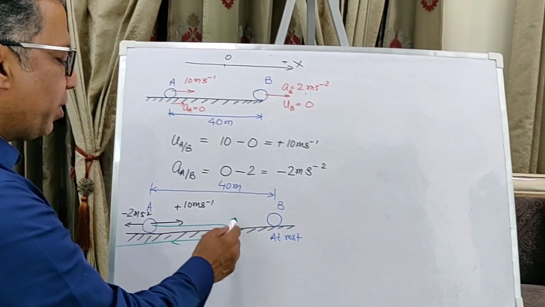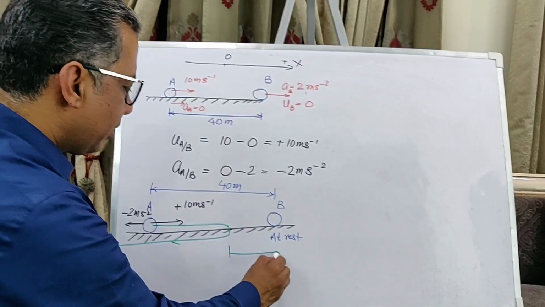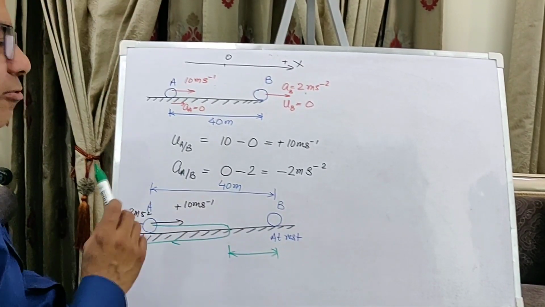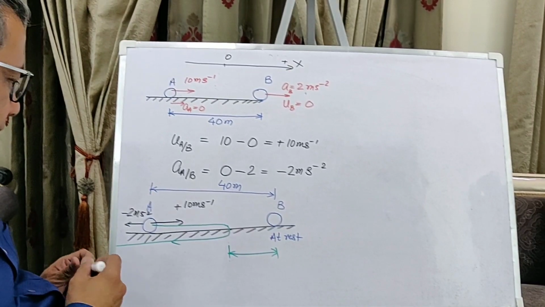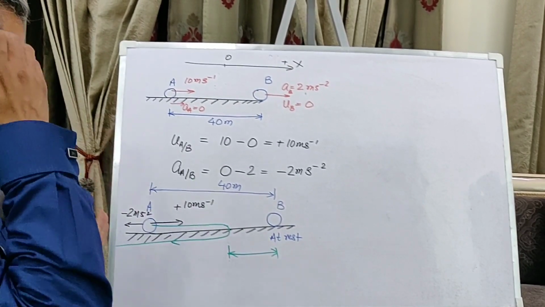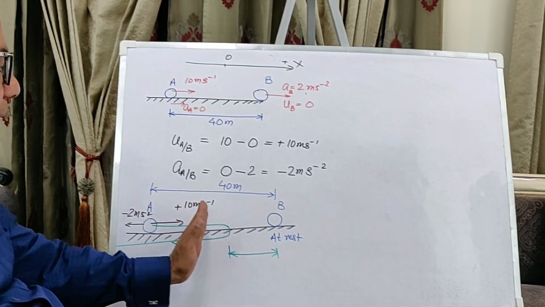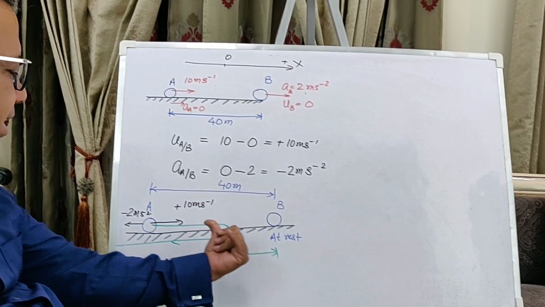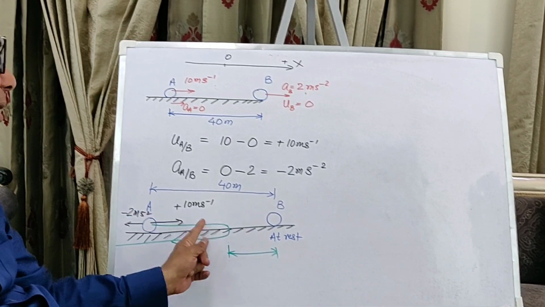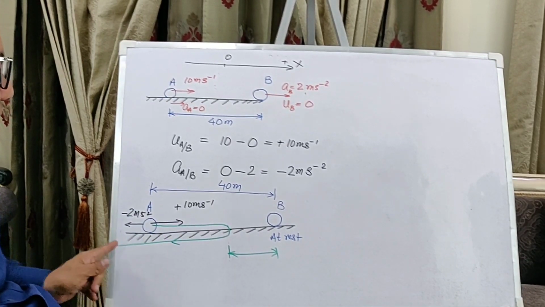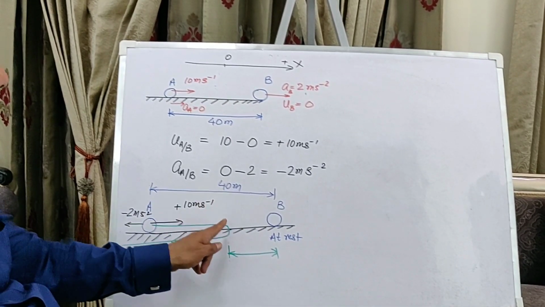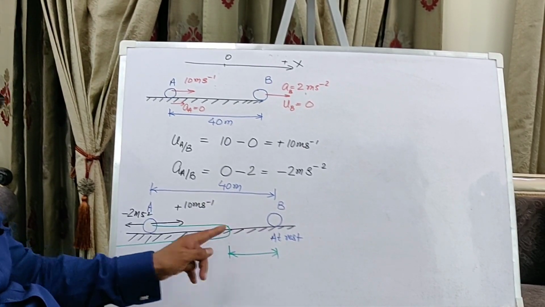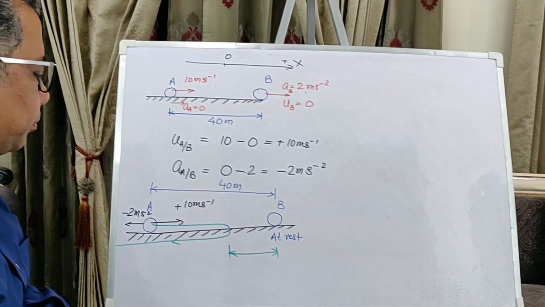Now when it stops over here, its distance from B is the minimum distance that we are looking at. So A is moving towards B, it stops here momentarily, and because it has an acceleration minus 2 meter per second square, it starts moving in the direction of that acceleration after stopping here at what is called its turning point.